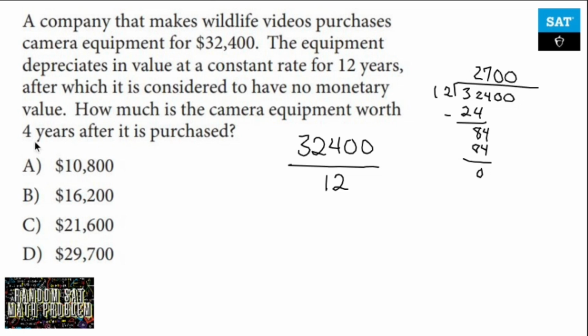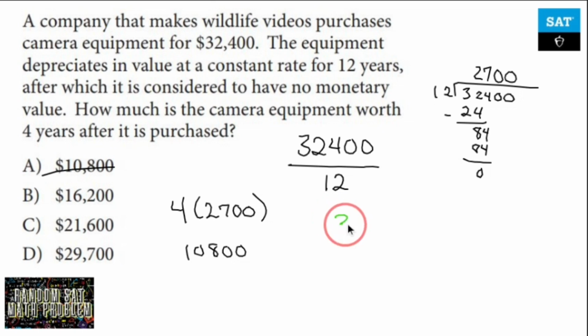I care about the total value after 4 years, so I have to find out what 4 times 2,700 is. 4 times 25 is 100. 4 times 27 would be 108. Add the 2 zeros. So this is not my final answer. This is how much I lose after 4 years. They want how much the camera equipment is worth after those 4 years.